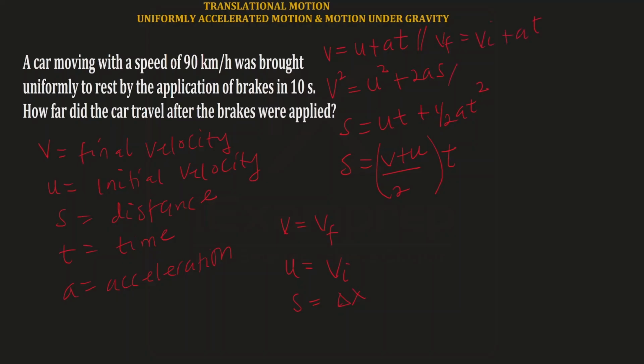And you might see the second equation as V final squared equals V initial squared plus 2 times A times change in X. And you might see this one as change in X equals V initial multiplied by T plus half AT squared. Understand that they are the same thing.